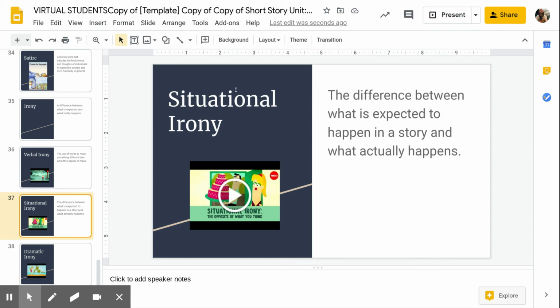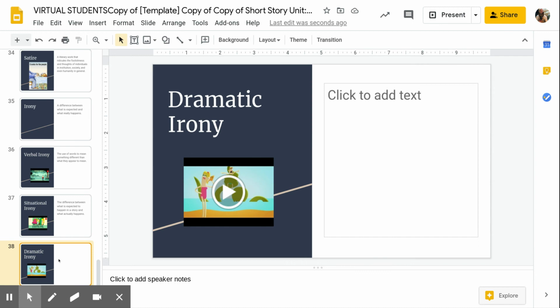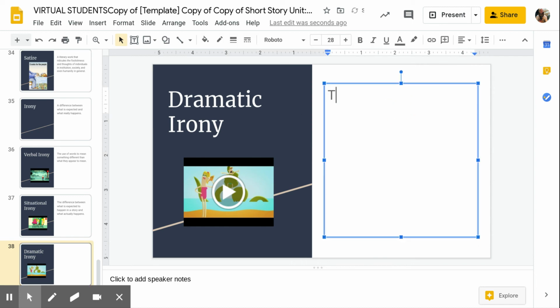Situational is based on the situation. Verbal uses verbalized words. And dramatic irony is when the audience is more aware of what is happening than a character.